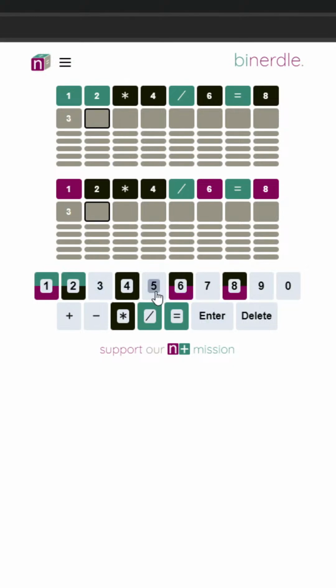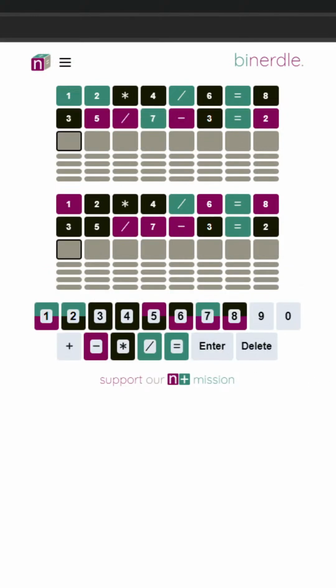Well, that's about as small as you can get actually. 35 divided by 7 is 5 minus 3 is equal to 2. Didn't really give us any new information besides a 7 on top. We also know we have some spots for a 5 and some spots for a 2.